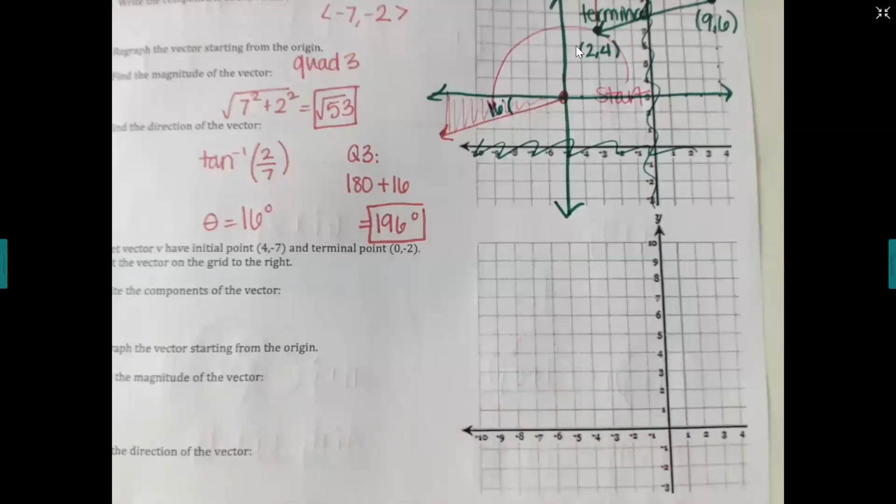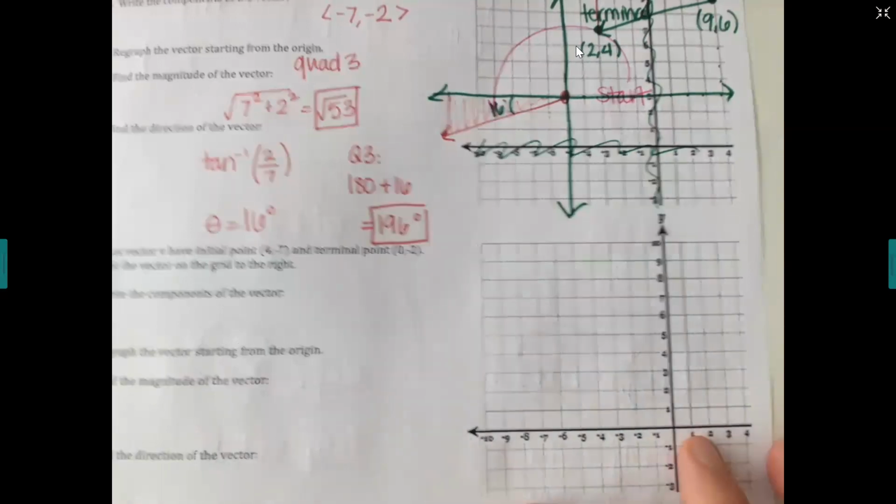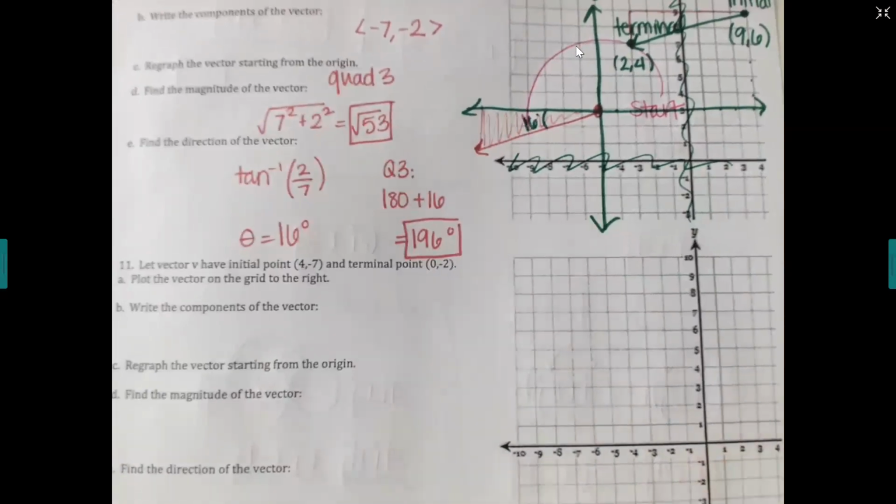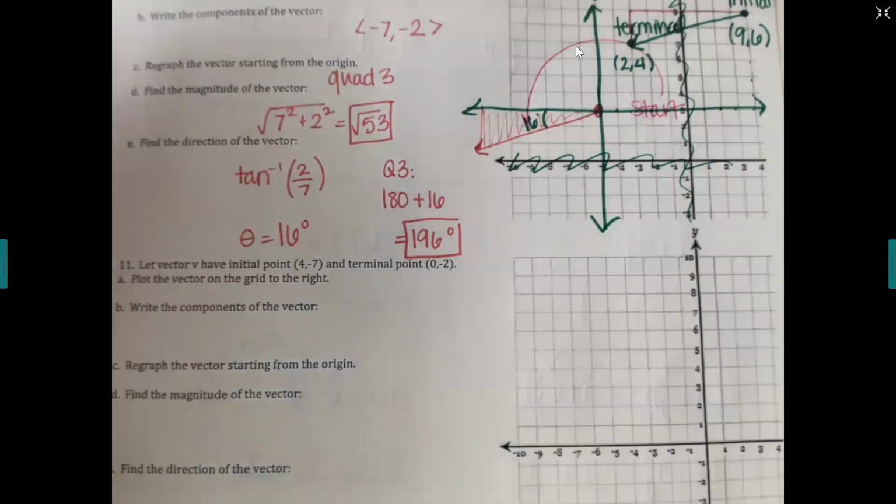Last one, 11. Will you just graph the vector and see if you can write it as a component vector? So your initial point is 4, -7. Your terminal point is 0, -2.